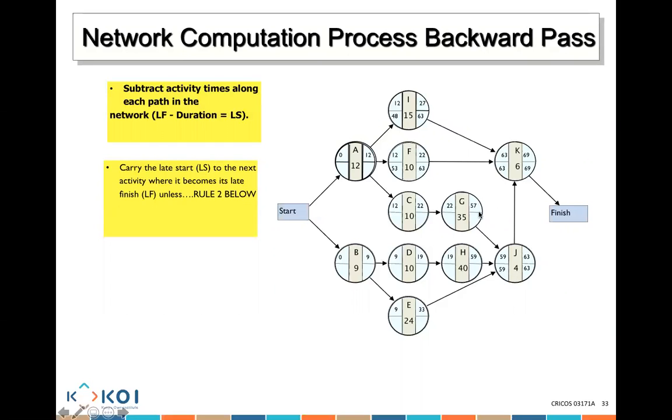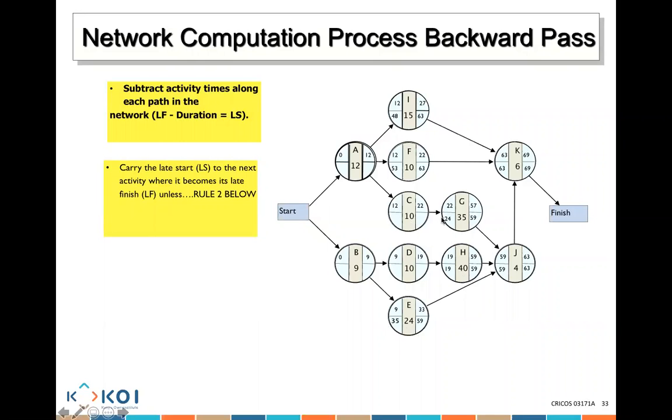What's my latest finish here? 59. And here? 59. Perfect. So 59 minus 35 is 24. 59 minus 40 is 19. 59 minus 24 is 35.